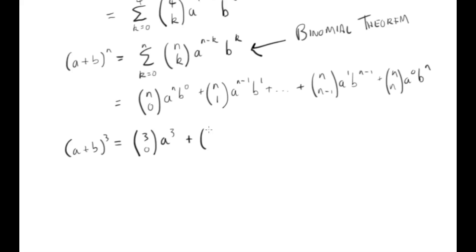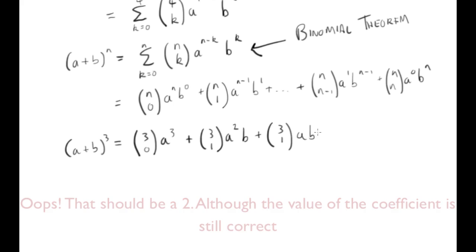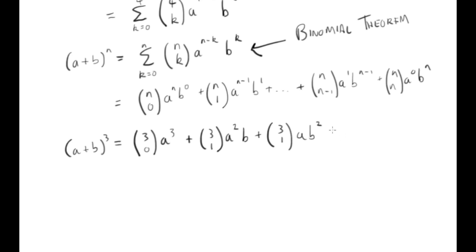And we have 3 choose 1, a to the power n minus 1, where n is 3, so n minus 1 is 2, b to the power 1, plus 3 choose 2, a and b squared, plus 3 choose 3, a doesn't exist anymore, and it's just b to the power 3.